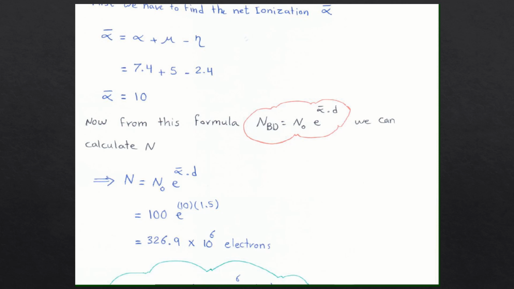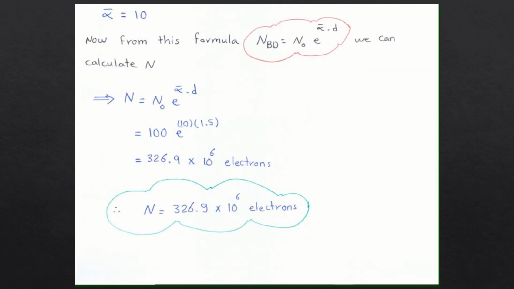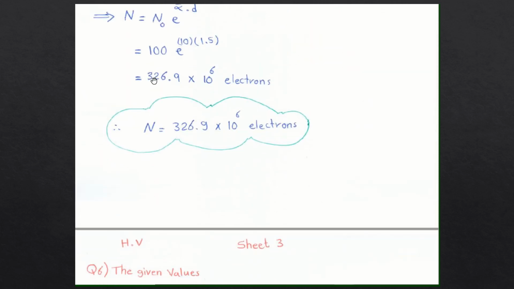If you use your calculator, you will get the answer as 326.9 into 10 to the power 6 electrons. So we already found the required answer of this question: the number of electrons formed is equal to 326.9 into 10 to the power 6 electrons.